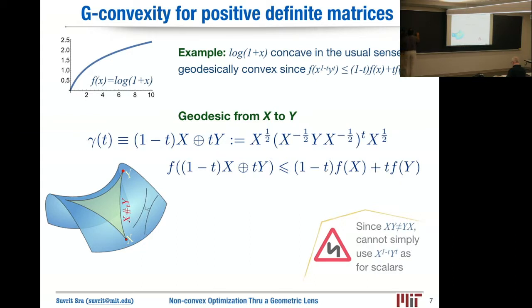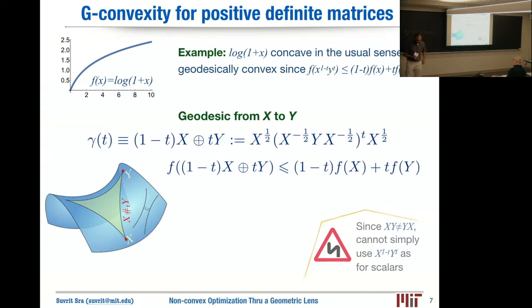Under that, that's one of the most standard Riemannian geometries people place on positive definite matrices. By the way, this is the second derivative of the log determinant barrier function, which is a beautiful connection to interior point theory in case you know it.